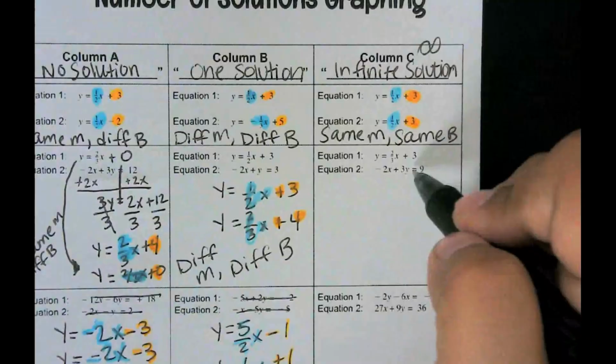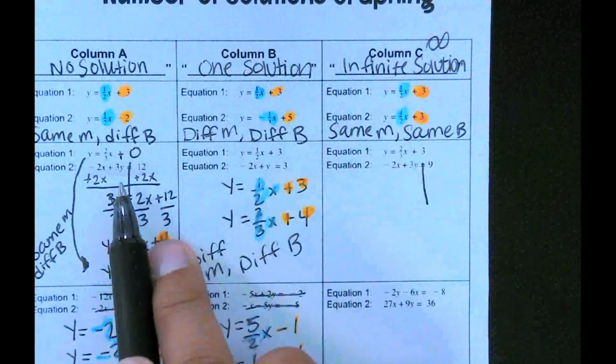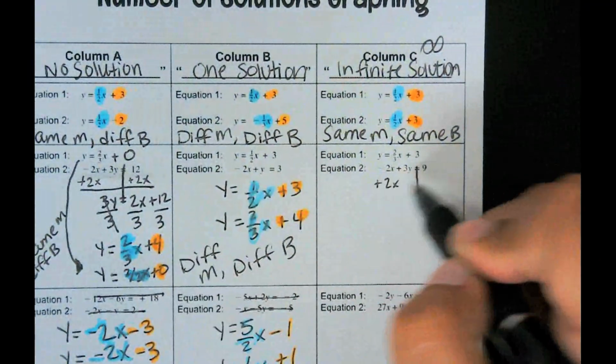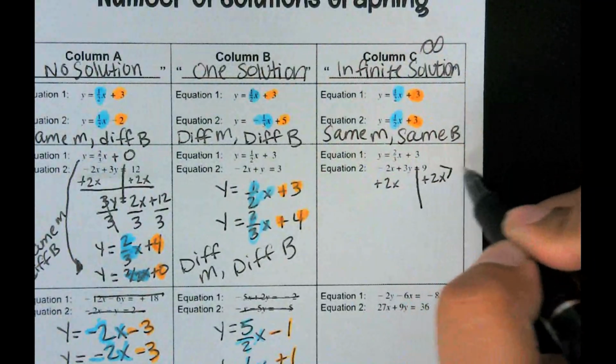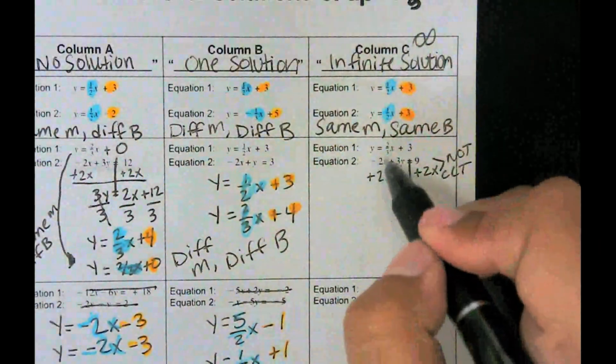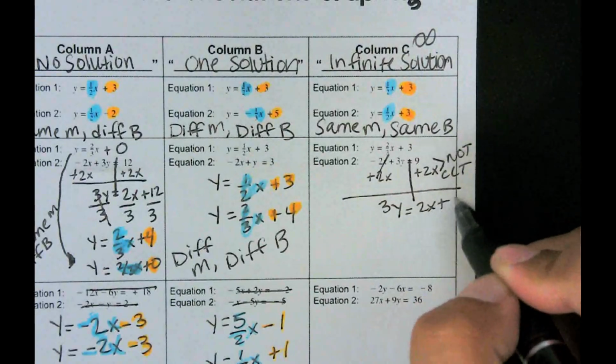If I draw my line down the middle for this one, it is different from this one. Quick, plus 2x, plus 2x, don't combine like terms, don't combine those guys. 3y is equal to 2x plus 9.